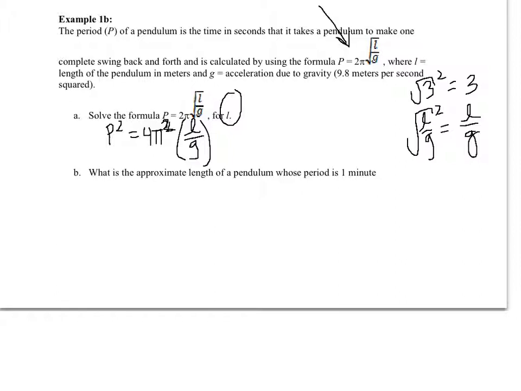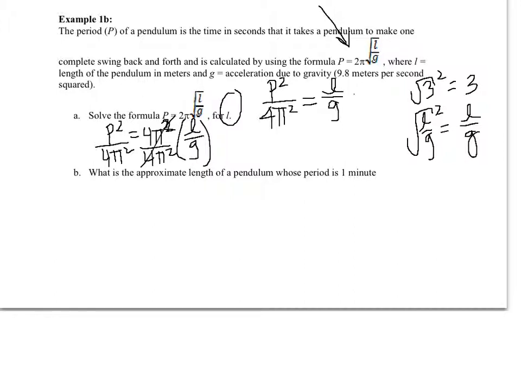Okay, let's clean it up some more. Let's divide both sides by 4 pi squared. So we have then p squared over 4 pi squared equals L over G, because we just divided both sides by 4 pi squared. If you divide 4 pi squared by 4 pi squared, the 4 pi squareds cancel out on one side, and you're left with p squared divided by 4 pi squared equals L over G. Okay, so we're solving this for L, so we need to get rid of the G now.